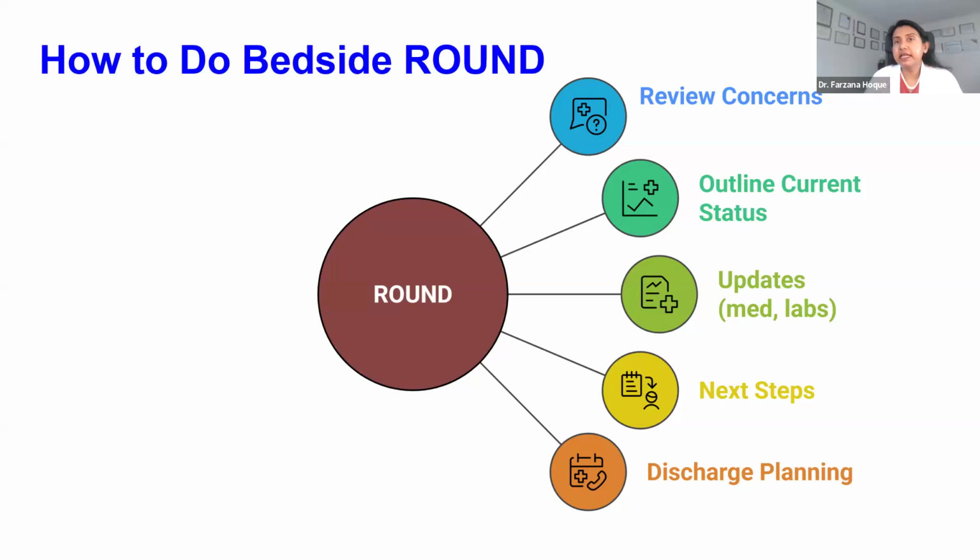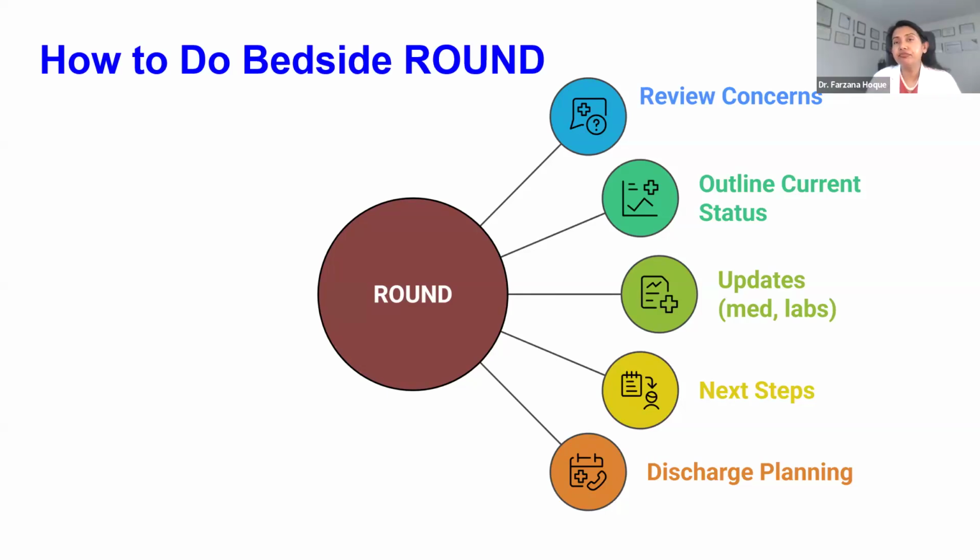One teaching point is that if you are starting any new medication, do not wait for the last moment or for the discharge date to educate the patient. Take the opportunity of this morning round and talk briefly about the important updates in their medications and their labs.